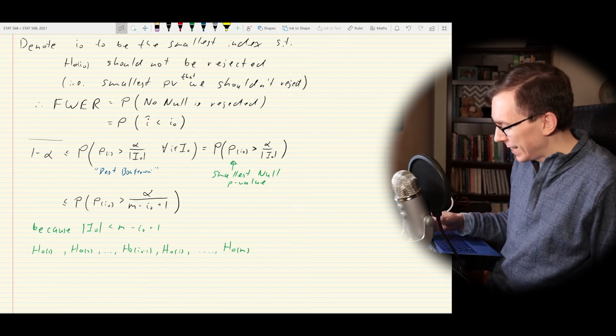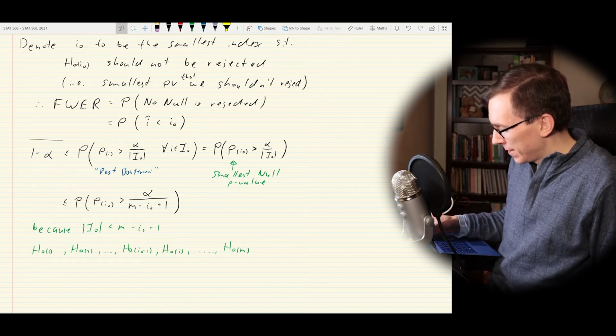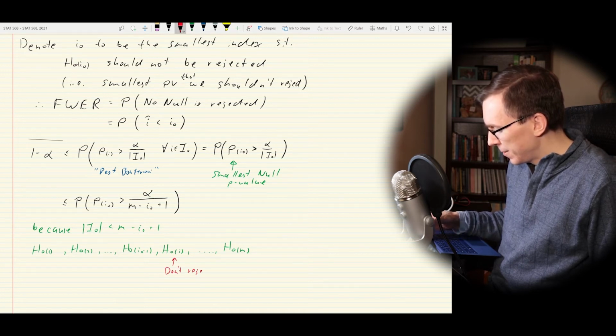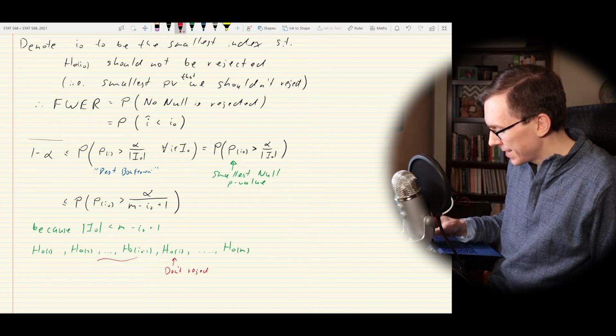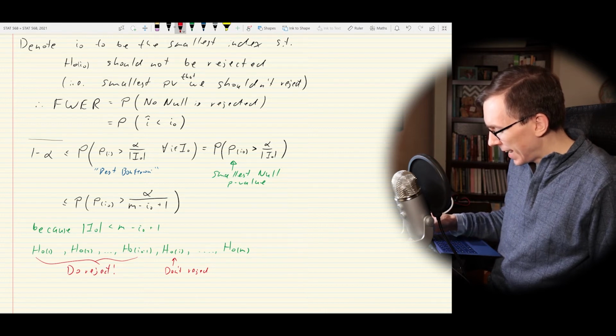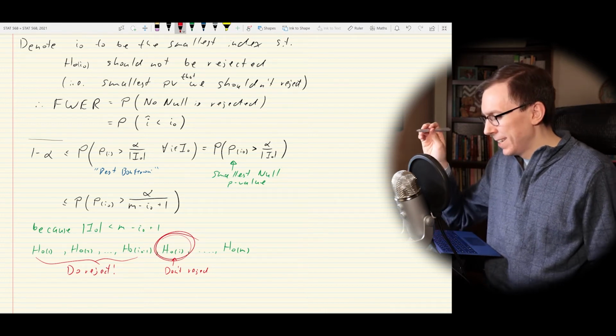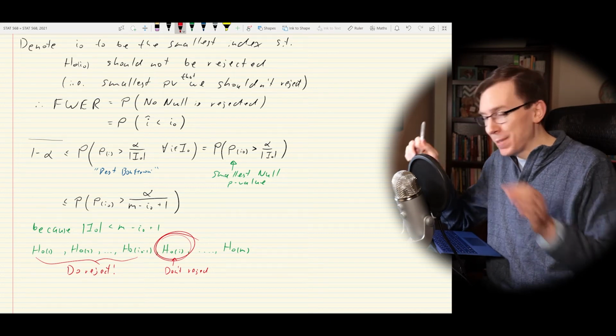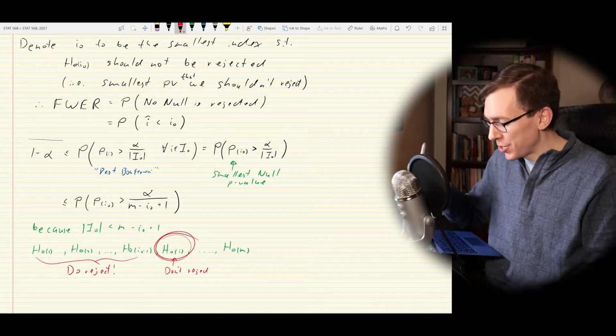So what I'm saying is that this one is not rejected, but all of these do reject, because this one here is the smallest index that should not be rejected, which means everything to the left of it should be rejected.